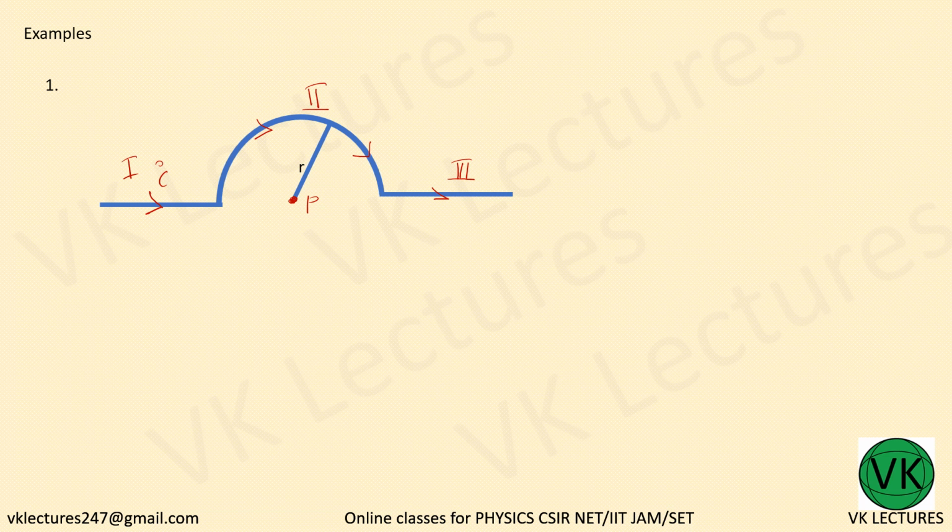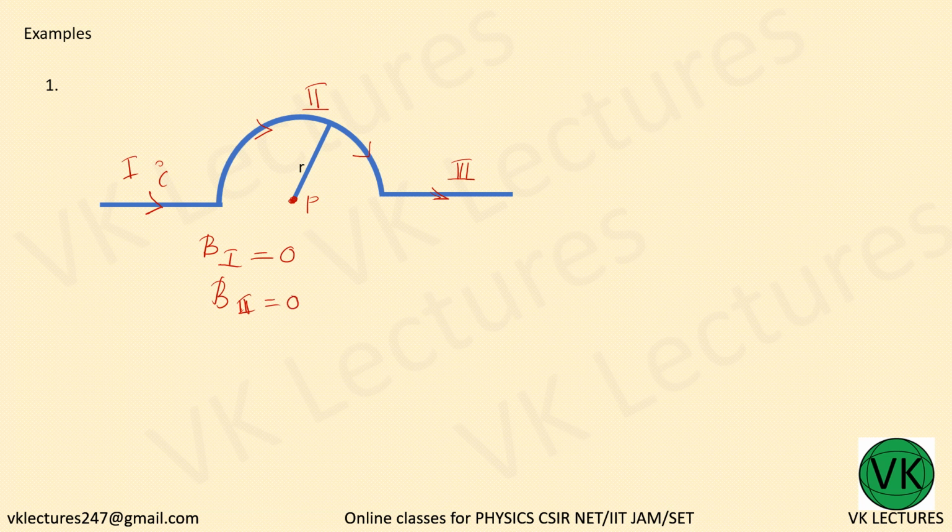Due to the first portion of the conductor there will not be any magnetic field, as it is in line with the conductor. Similarly here also, the current goes in this direction in a single straight line, so due to the third portion also the magnetic field is zero.